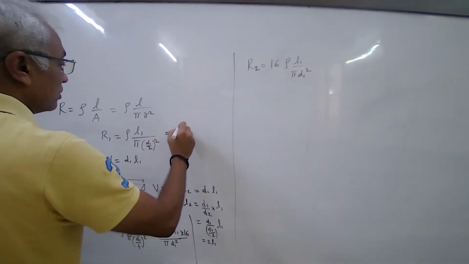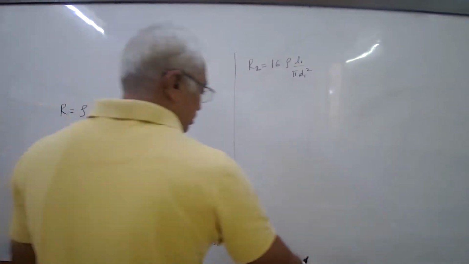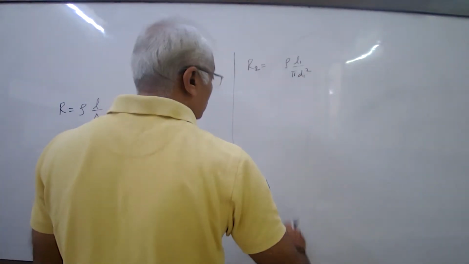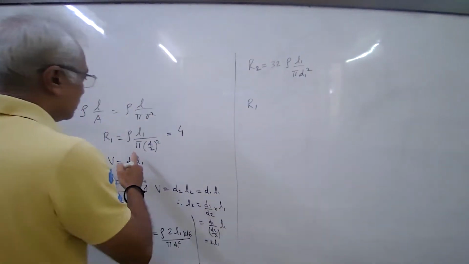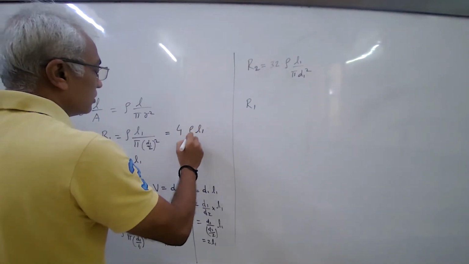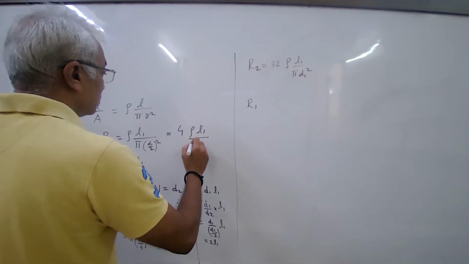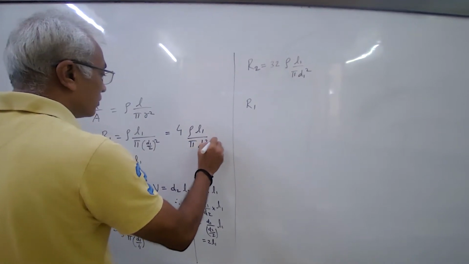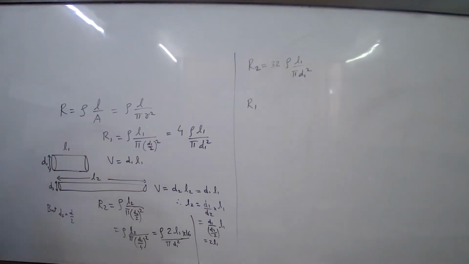R1 we got is 4 times rho L1 upon pi D1. Okay, so this is what we are getting.